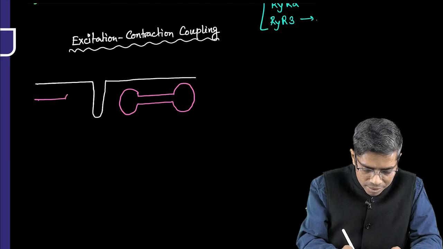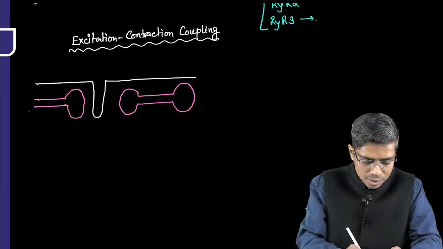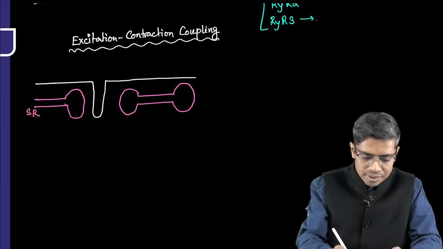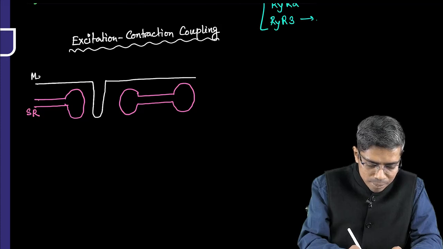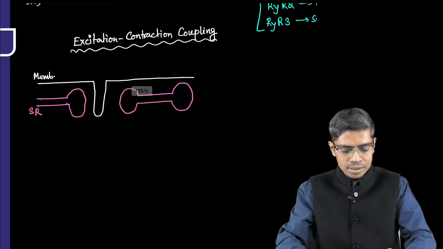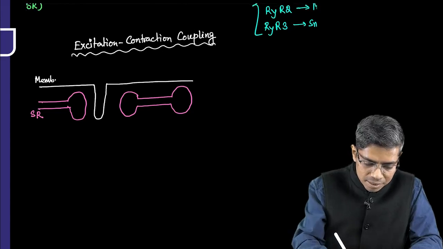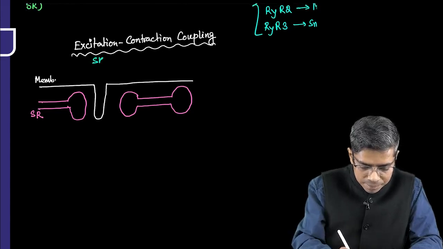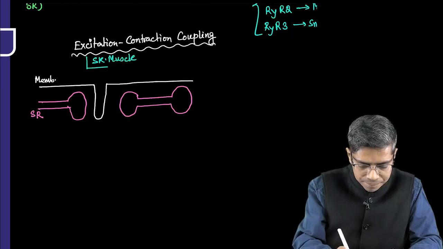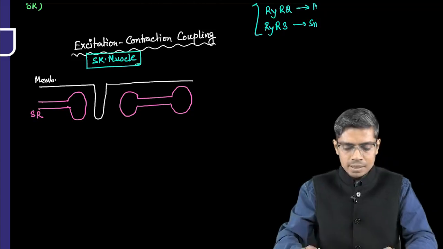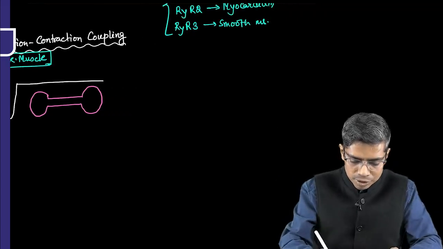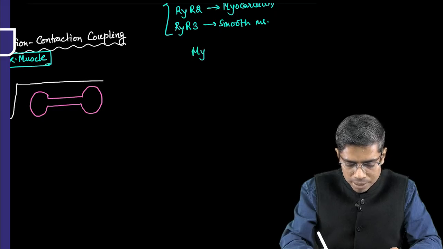There will be another cisterna on the other side of the T tubule, so this is another sarcoplasmic reticulum. So this is the membrane, that is sarcolemma. Which muscle am I drawing here? This is nothing but the skeletal muscle. And parallelly I am also going to draw the myocardium.